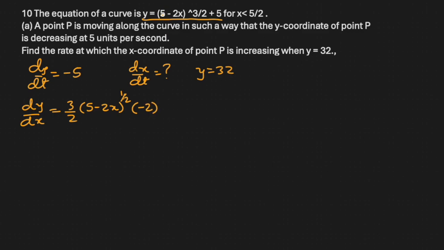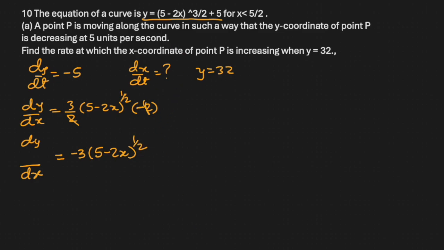Differentiation of 5 is 0, but differentiation of minus 2x will be minus 2, that will multiply here. We can cancel this 2 with this 2, but negative will remain. So dy over dx is equal to minus 3 times (5 minus 2x) to the power half.